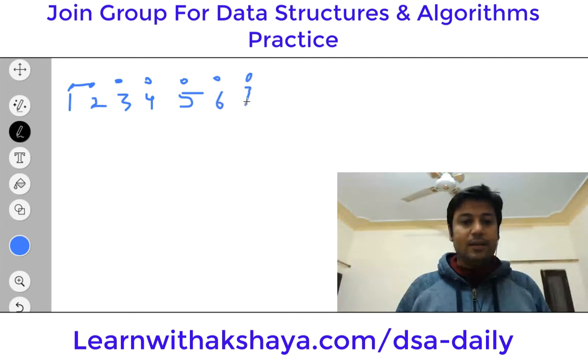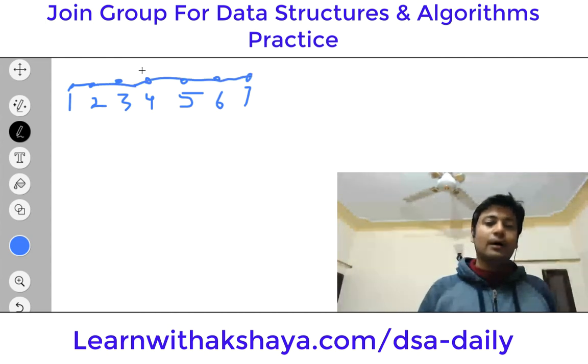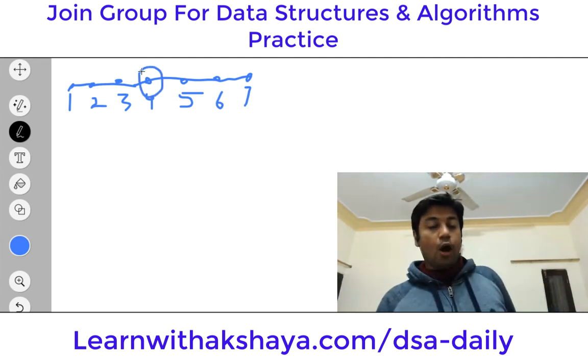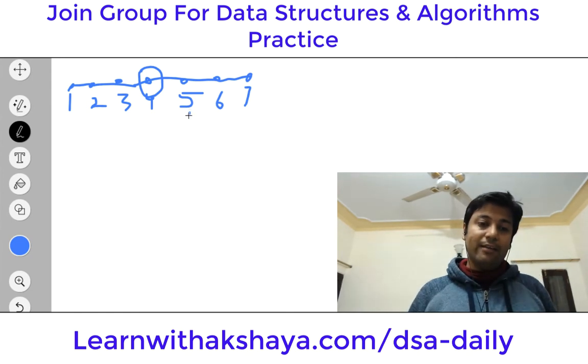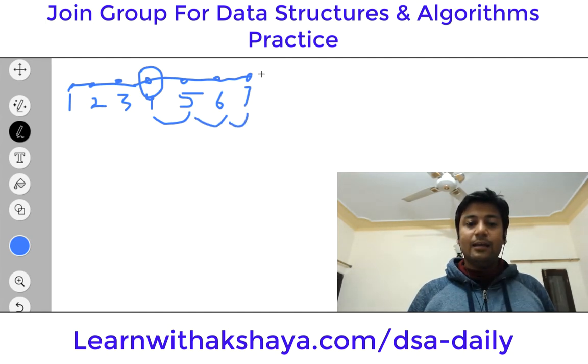Let's say we have 7 nodes in the linked list, and we are supposed to remove node number 4, right? So our solution is to copy the value of 5 to 4, then copy the value of 6 to the 5th one, copy the value of 7th to the 6th one, and then cut or remove the 7th node.